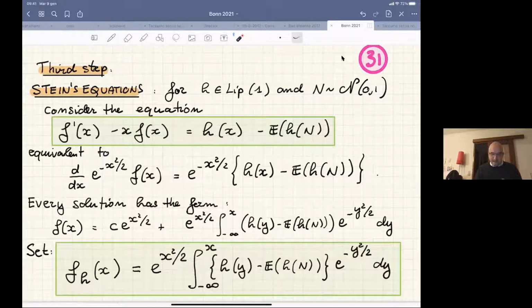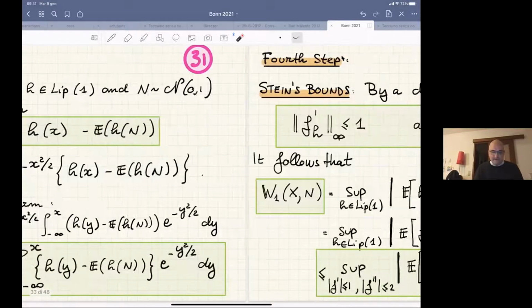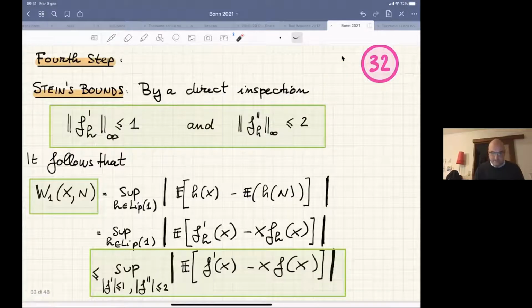That is, one can control uniformly the regularity of these solutions f_h of x over the whole class of Lipschitz one functions that enter the definition of the one Wasserstein distance. So more precisely, one can prove the following. This is not proved here, but the proof is quite easy.